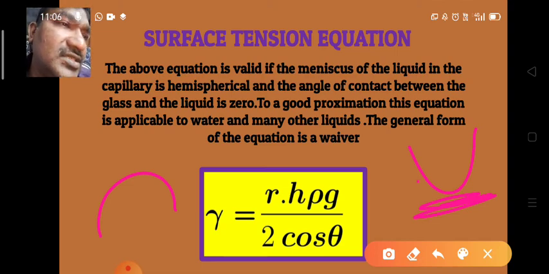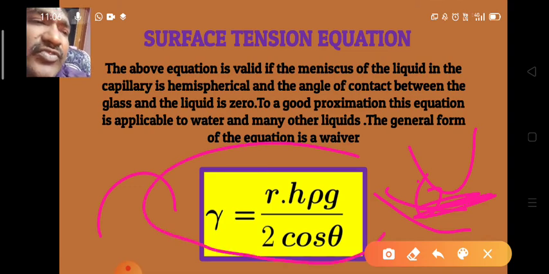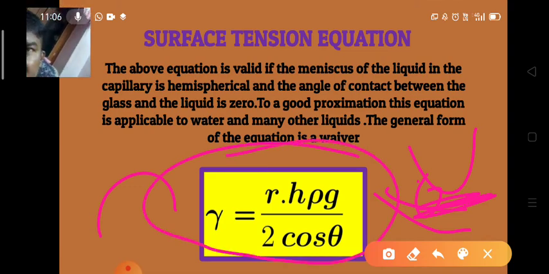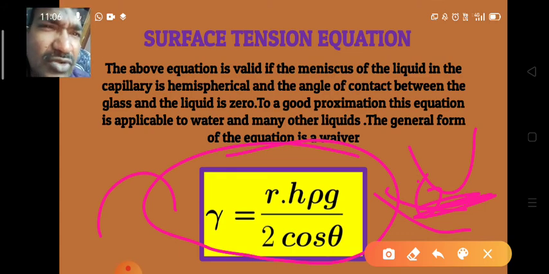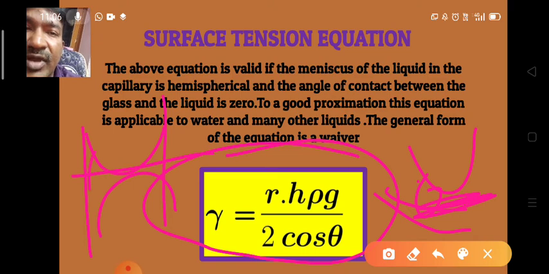If the angle is some theta, then instead of that equation we use this equation, gamma is equal to r h rho g by 2 cos theta. So we use this equation if the liquid meniscus makes an angle theta with the glass tube like this.